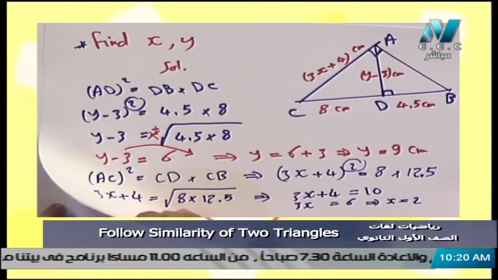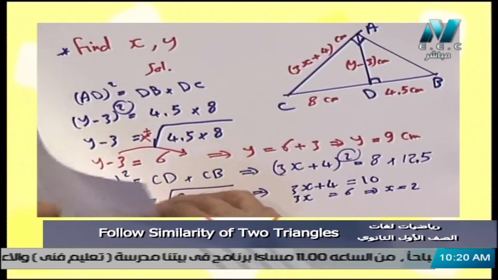Okay, let's move to another example on the same rule. Here we have also a right angle triangle. We will draw a right angle triangle and we will complete it. But we will use the rule inside the rectangle now. We have another example.